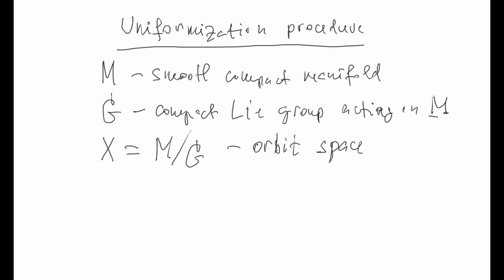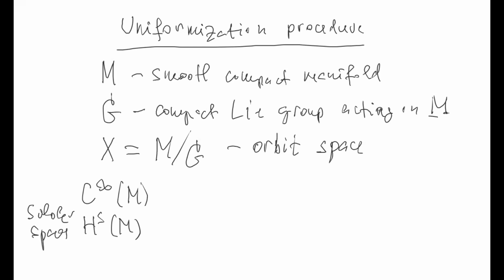Well, then, on M, we have some structures, some objects. We have the space C infinity of M of smooth functions on M. We have Sobolev spaces, HS of M. And we have pseudo-differential operators, say P on the manifold M. Now, in C infinity of M, say, we have the subspace C infinity of M G of G invariant functions.